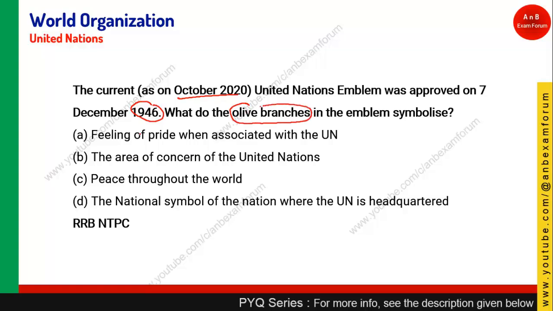If you see the options, you can easily tell. The main purpose of the United Nations is peace throughout the world, so peace would be the better option. So option C. Those who answered this have good knowledge. Peace throughout the world is represented by the olive branches.